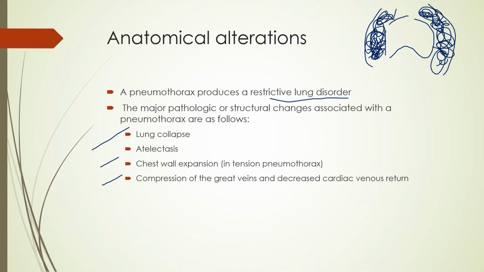Gas can get in. Let's say there's a hole in their parietal pleura, right? Let's say there is a stabbing or a gunshot or something like that. There's a hole in their parietal pleura. Well, gas can then go in, right? Because now we've created that one-way valve for gas to be sucked into their pleural space. But when it goes in and it closes, because it created a one-way valve, it's not going to let that gas back out, right?